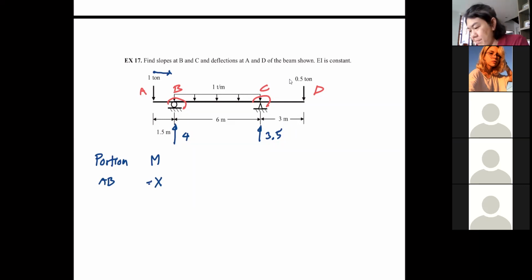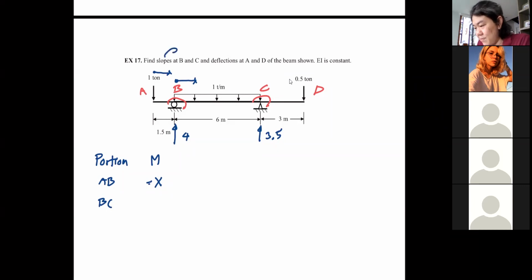And for BC, if I choose to write my moment from B, maybe the better. If I choose to write it from B, I need to do so for everything.